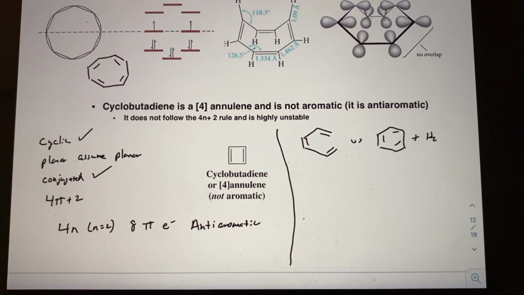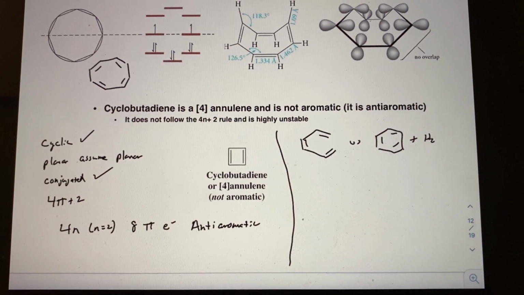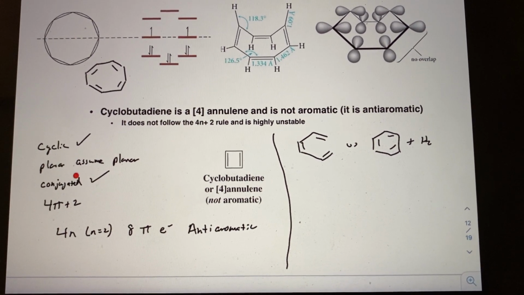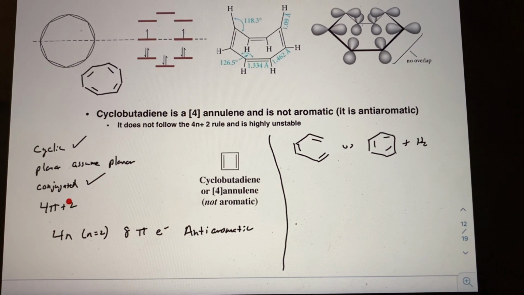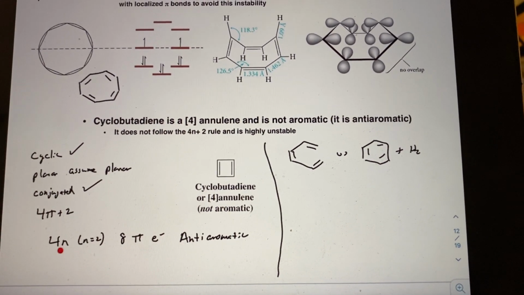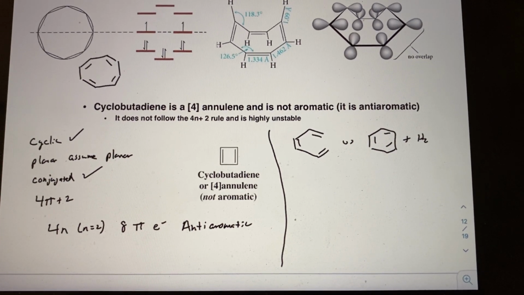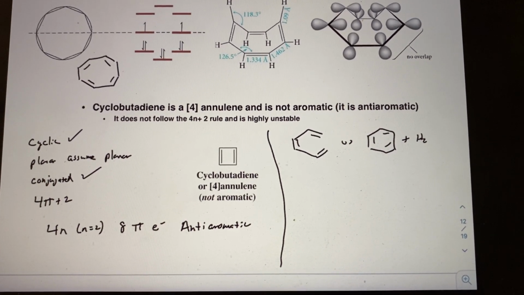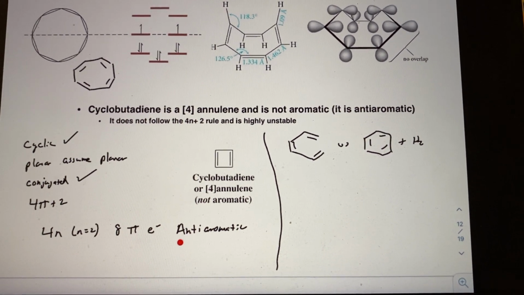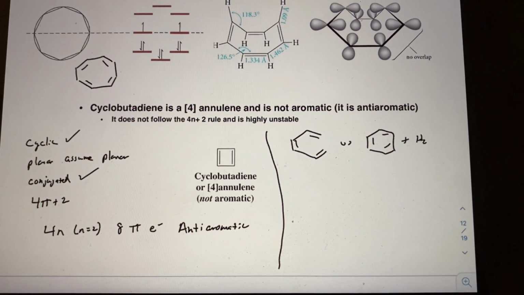There are other compounds now that are known as being anti-aromatic, and an anti-aromatic would be a compound that meets all of these criteria, except, like you had mentioned, that the number of electrons in the pi system is 4n, not 4n plus 2. Okay, so on paper, we could say that compound is anti-aromatic based on those definitions. Okay, so that's the next step.